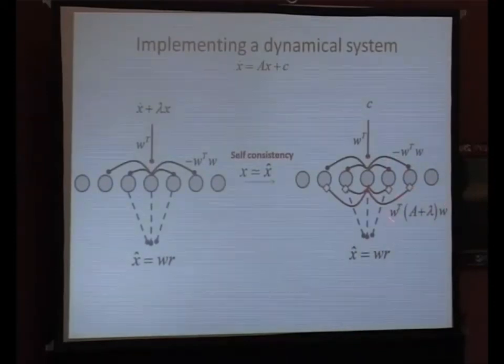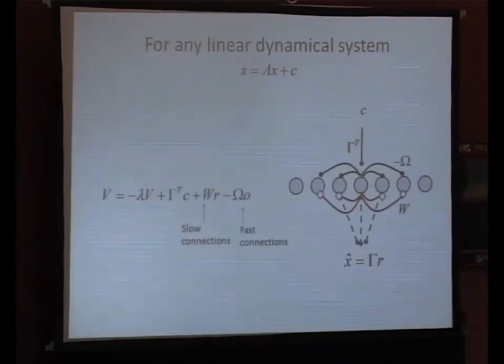And these connections will depend on the derivative of your variable x, right? So I'm not going to give you details about how we do it, but essentially what that means is that there's two sets of connections in these networks, connections that implement the efficient coding and connections that implement dynamics.